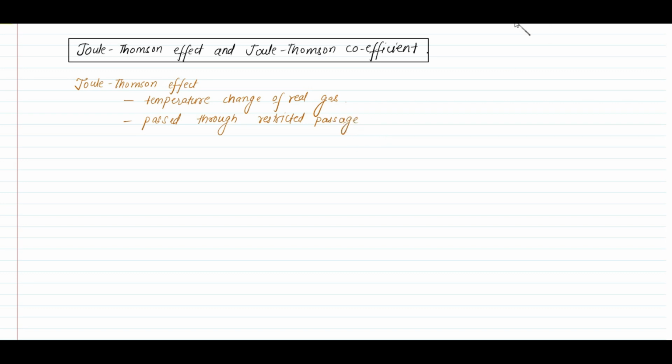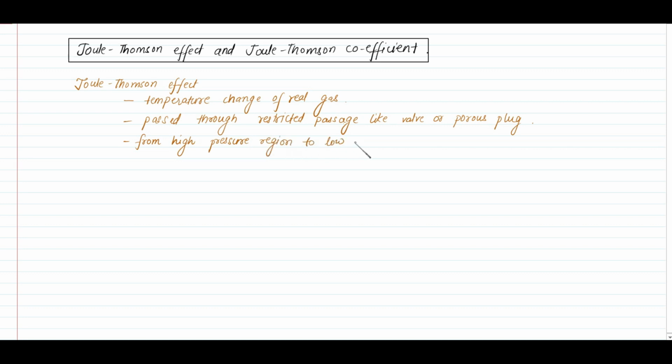Restricted medium can be like a wall, or it can be a porous medium like a porous plug. Due to restriction in the flow of the real gas, pressure will drop in the downstream.